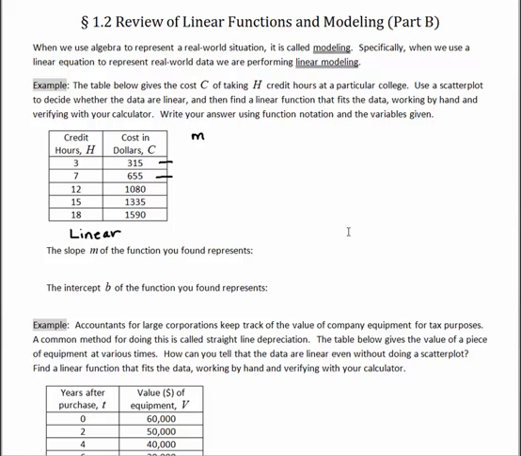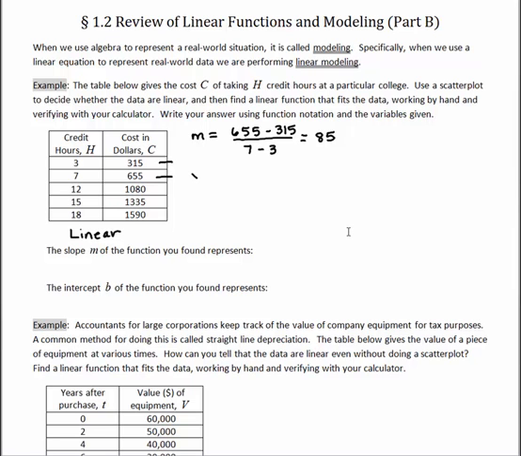I'll begin by finding the slope, which would be difference in the y's, 655 minus 315, divided by the difference in the x's, 7 minus 3. And if you just put all that into your calculator, you should find that the slope turns out to be 85.